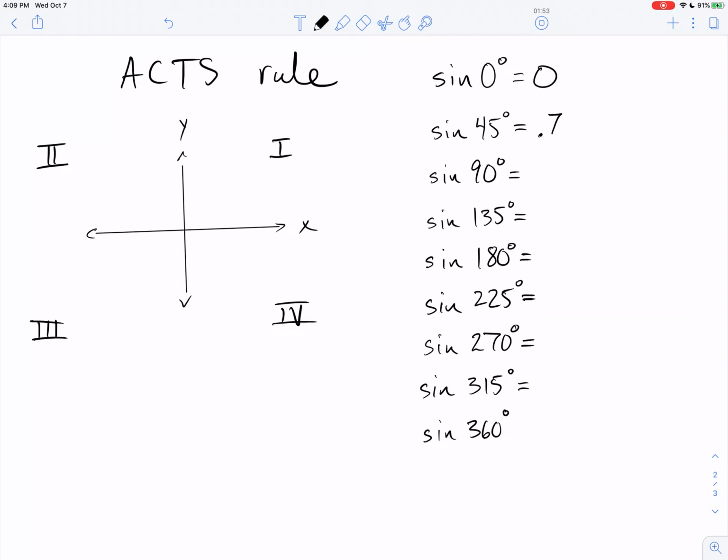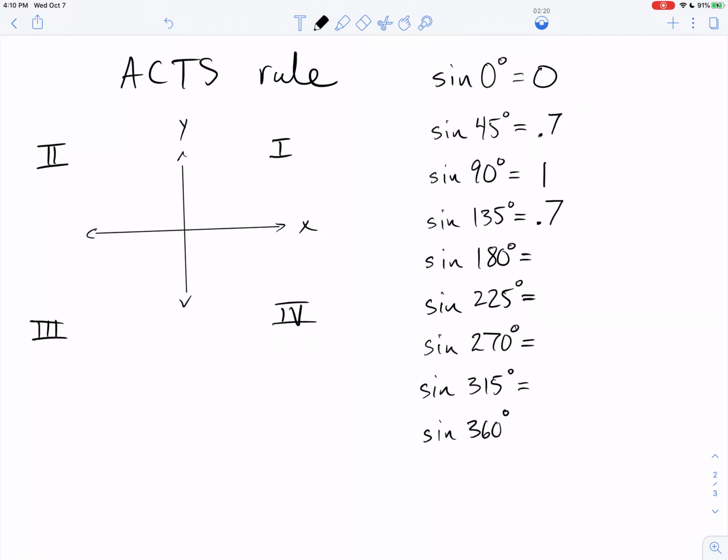Then, the very next spot, when you punch it into your calculator, you'll do the sine of 90 degrees. You're going to get the answer 1. When you punch in sine of 135, go ahead, enter it in, and keep your display on. Don't clear out what you just did, and you're going to see this 0.7 number again.